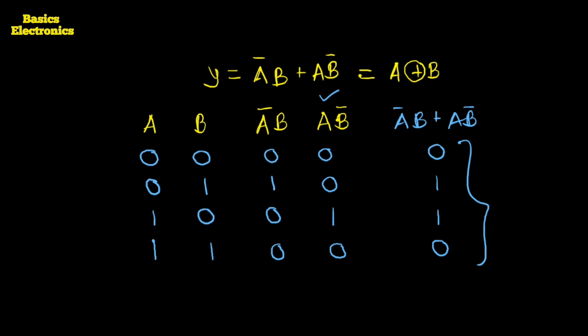Here, if we look at the output sequence, when both inputs are 0, 0, the output is equals to 0. When both inputs are 1, 1, the output is equals to 0. When different inputs are applied, A is equals to 0, B is equals to 1 and A is equals to 1, B is equals to 0, then the output Y is equals to 1, 1.